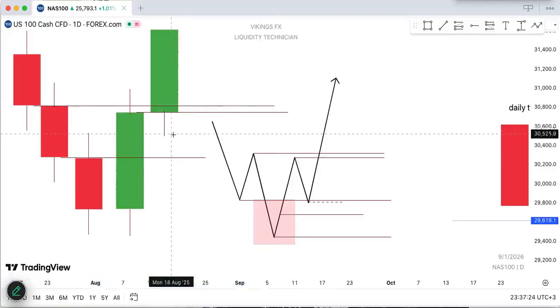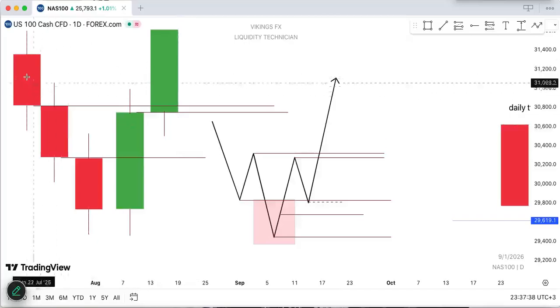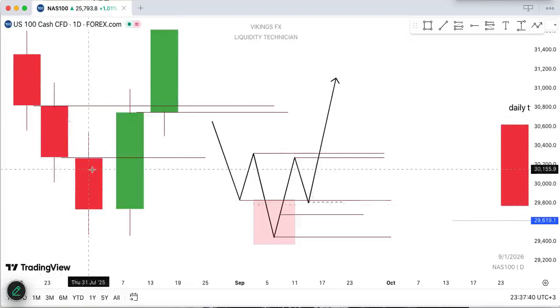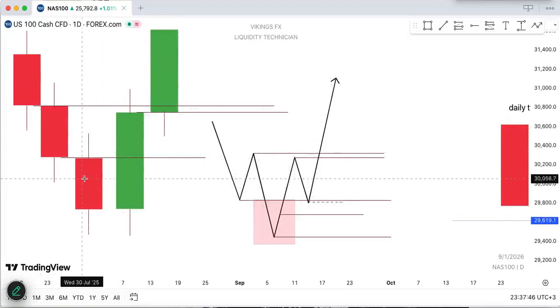The OCLs I'm going to be interested in have to be the OCLs created by the last candle due to that nature. What do I mean? So the nature is bearish here. So the last bearish candle before the bullish candles. So it has to be something like an order block.